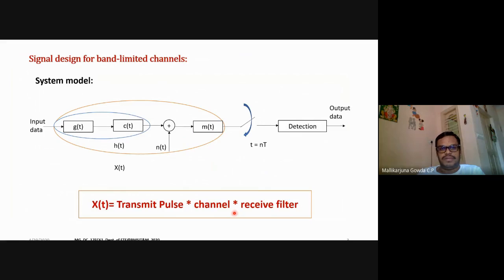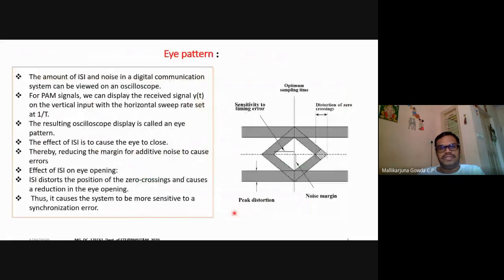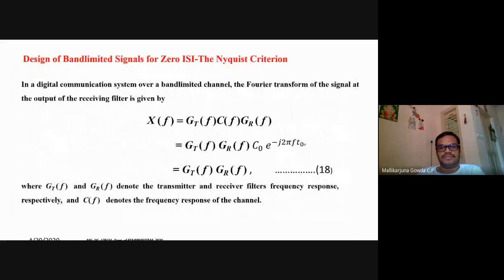So that is in time domain. I have written here in the frequency domain this expression. See, X of f is equal to the frequency response of the transmitting filter, frequency response of the channel, and frequency response of the receiving filter. So X of f is equal to GT of f into C of f into GR of f.